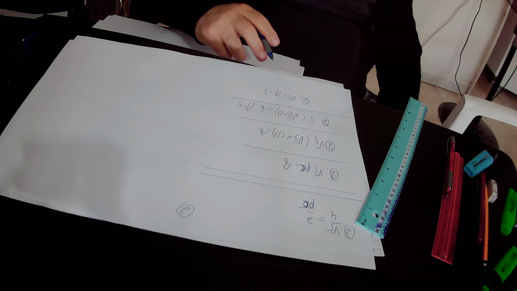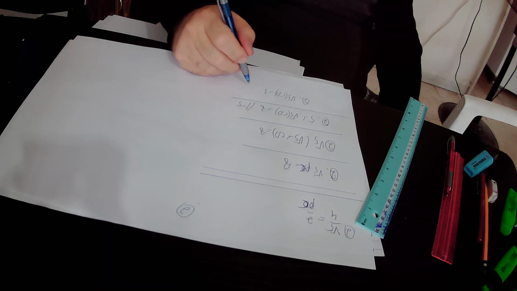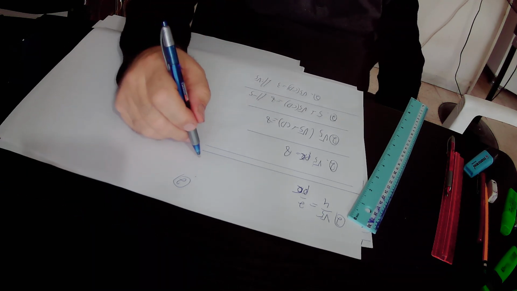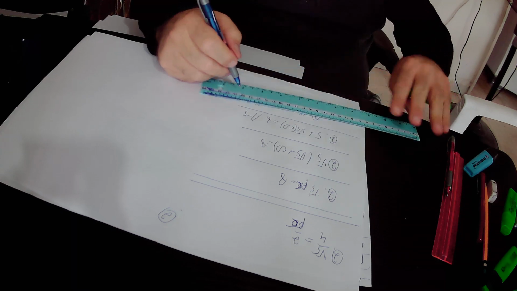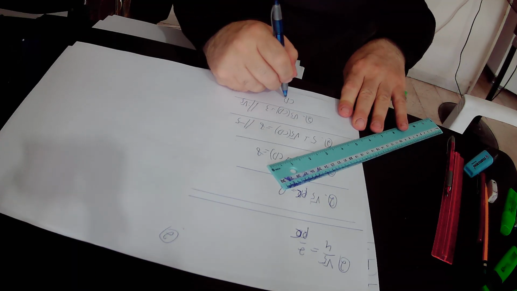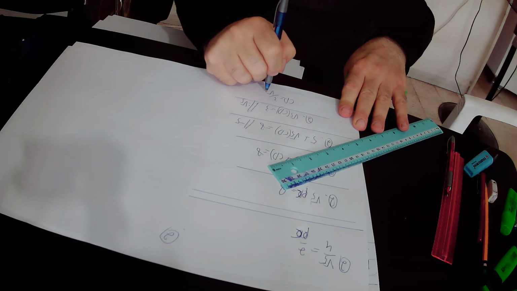So square root of 5 times CD equals 3. We divide this equation 2 by square root of 5, and we get that according to this equation 2, CD equals 3 over square root of 5.